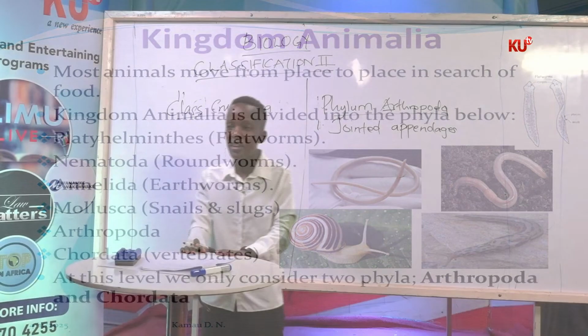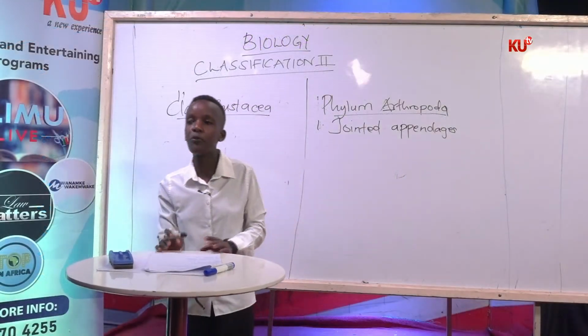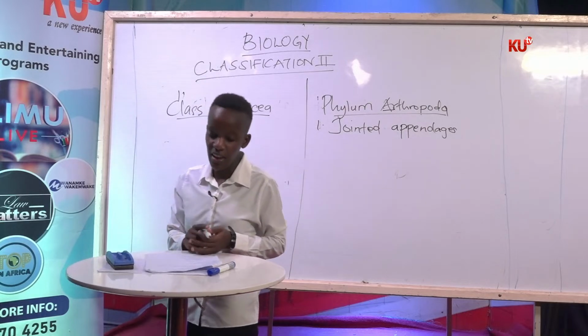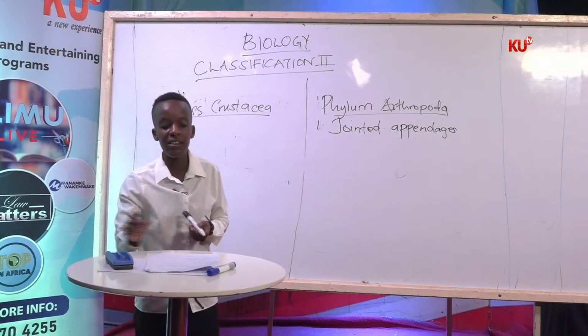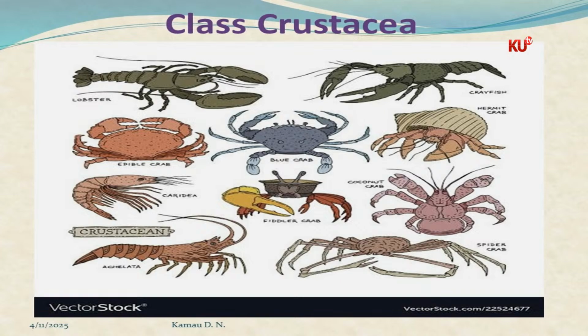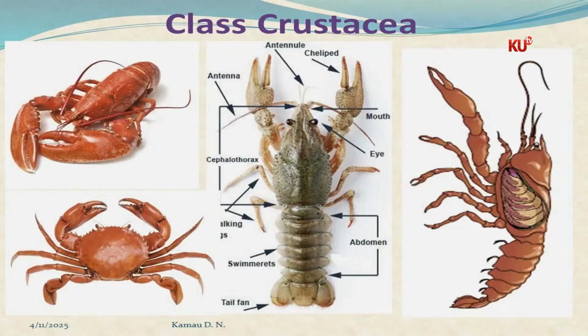Now, these animals tend to have the following characteristics. They have the cephalothorax too, just as we said in Arachnida. Arachnida have the cephalothorax, and also Crustacea have the cephalothorax.